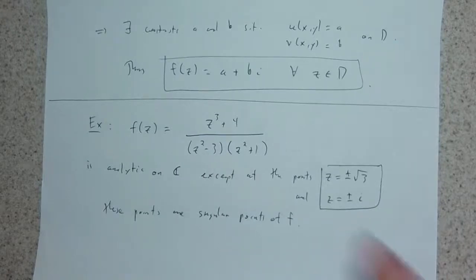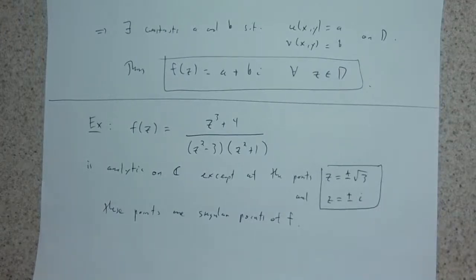It is a ratio of two polynomials, and those polynomials are entire, right? But the denominator is 0 at these 4 points. And because it is a quotient, I can use the quotient rule to get the formula for the derivatives that I need to show me that the derivatives of this exist everywhere except these points.